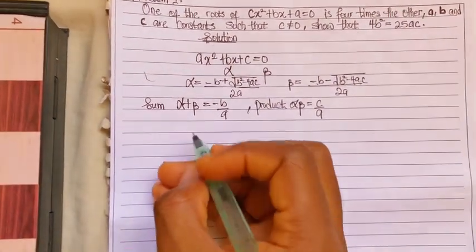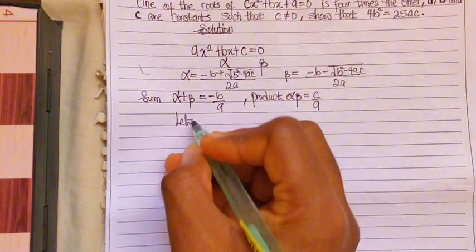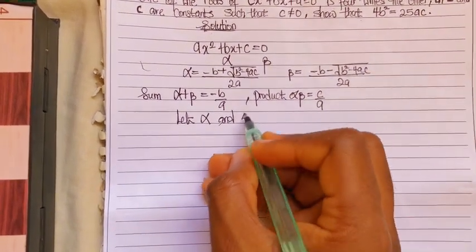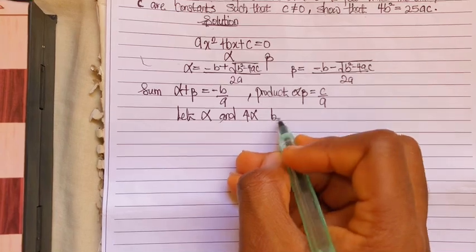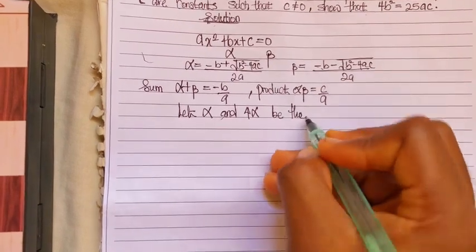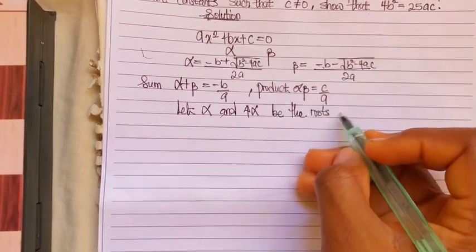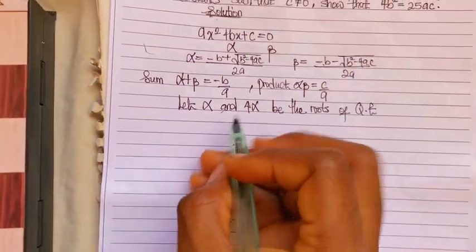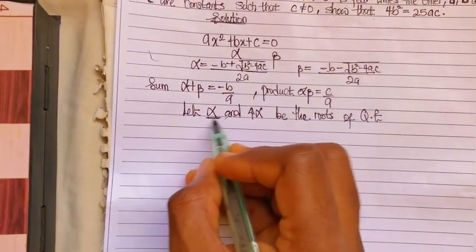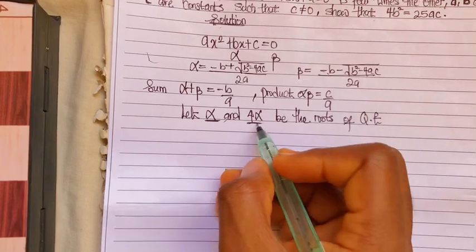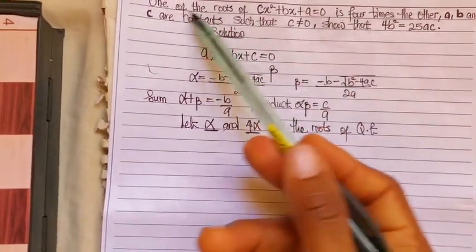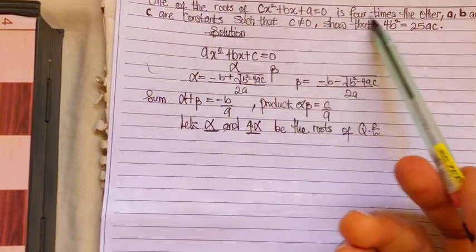So let alpha and 4 alpha be the roots of the quadratic equation. What am I trying to say? One of the roots is alpha and the other is 4 multiplied by alpha, since they said one of the roots is 4 times the other.